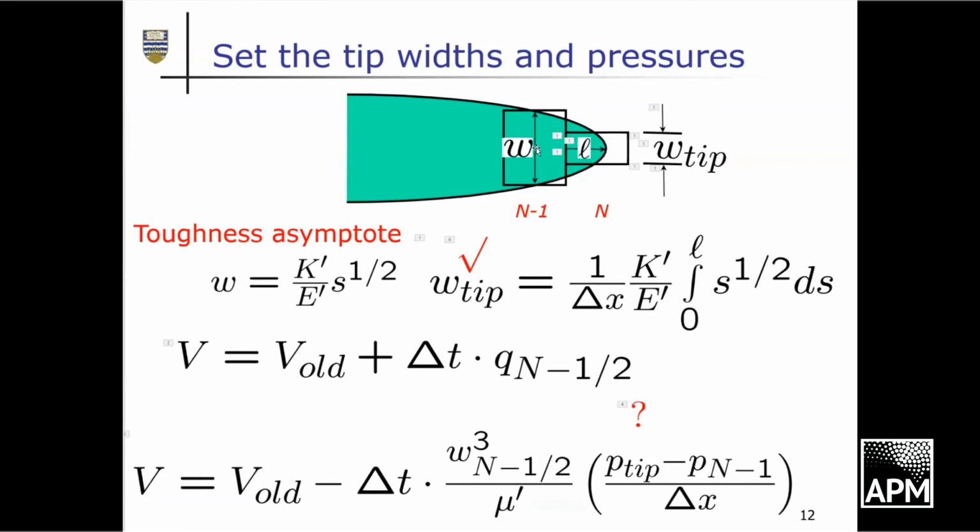So basically, if you've given a trial width here, you know from the asymptote where the free boundary is. Now you're using a fixed mesh. So we know where this boundary is. So all you need to do is to calculate that distance L. So we know what the distance is from the left end of the element to the actual free boundary.